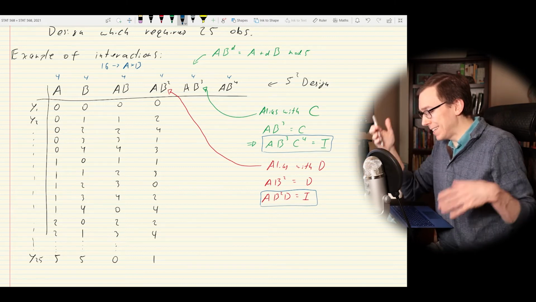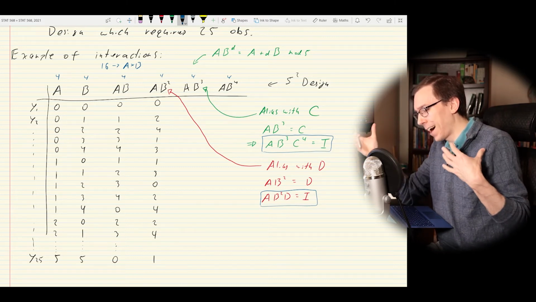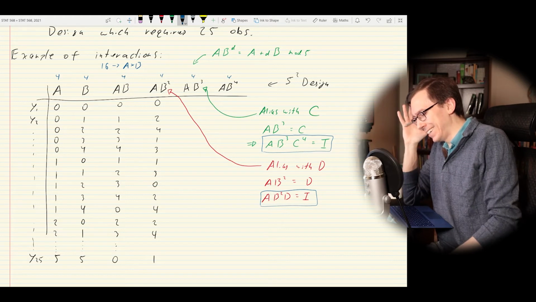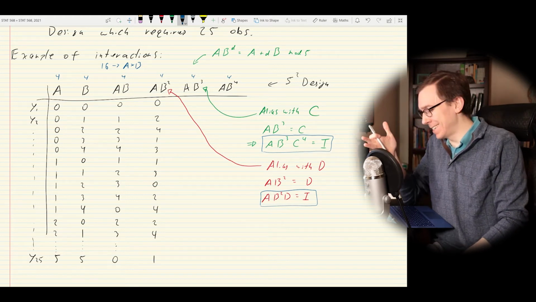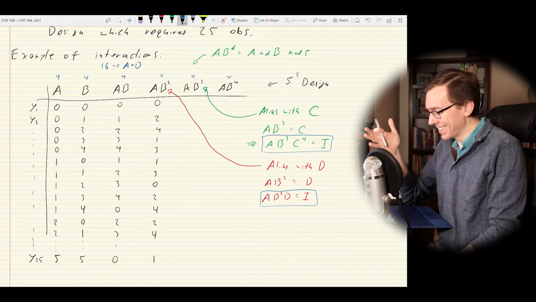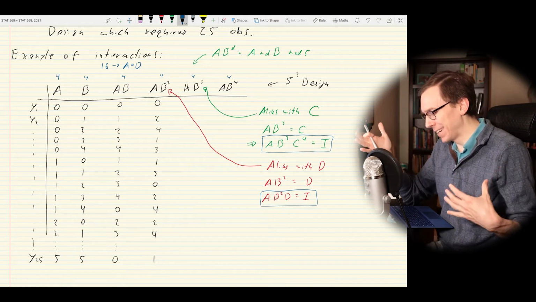I can multiply these things together and get all the other higher order ones. I'm not going to do that because it's super annoying and it doesn't matter too much.